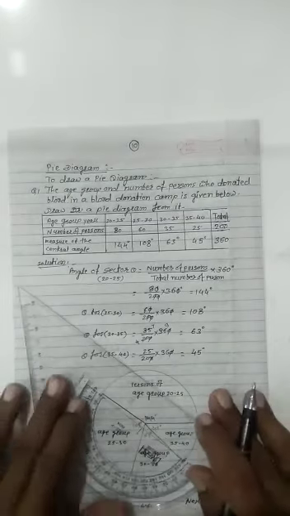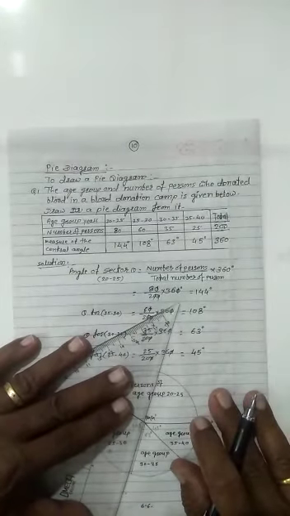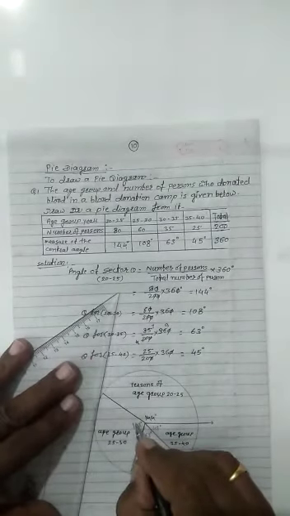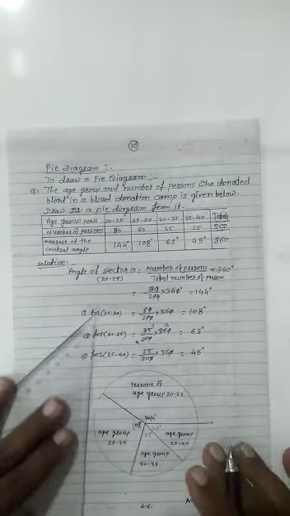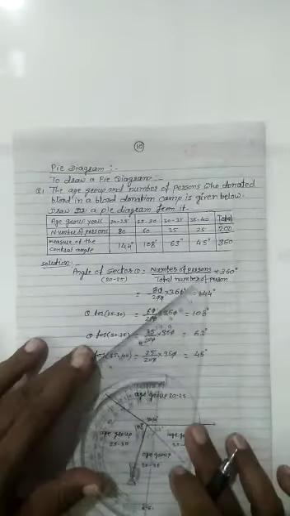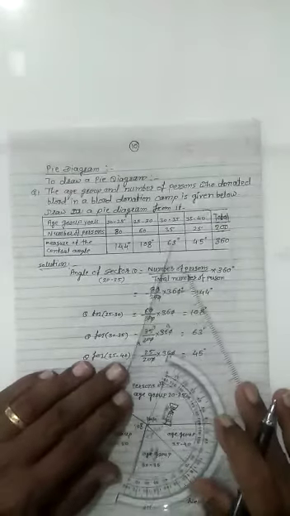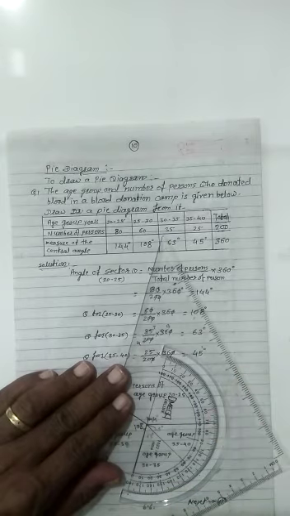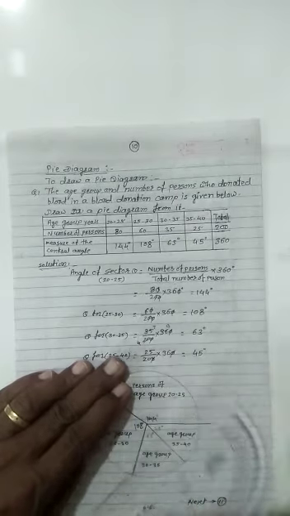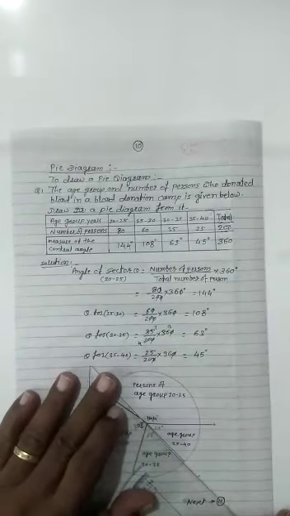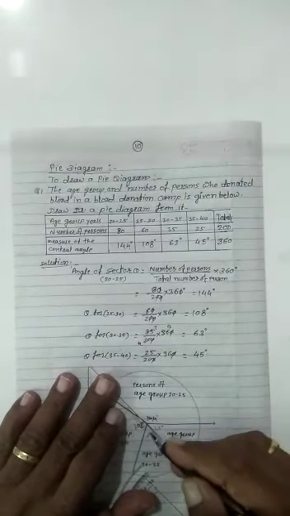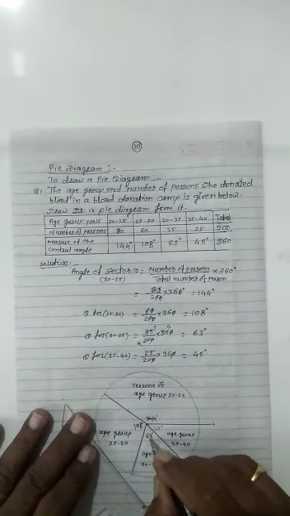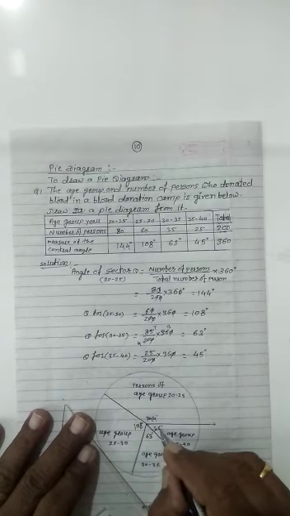Take a point, then draw this line. We get 108. Then again take 63. Put the protractor in this way and take a point. Then draw the line. We get a 63 angle at the center. Then the remaining is the 45 degrees.